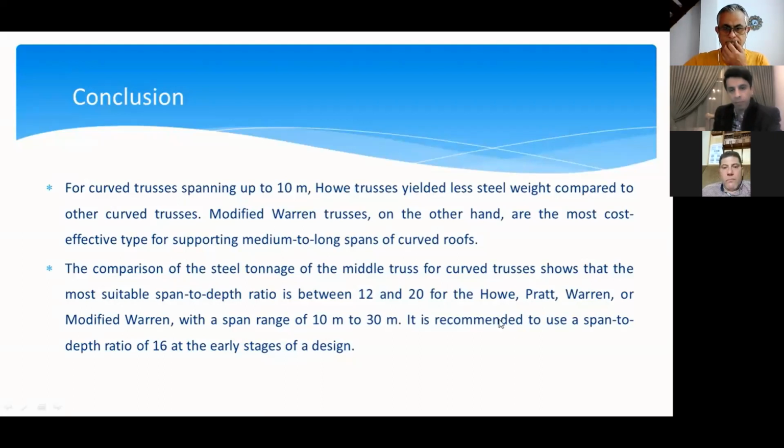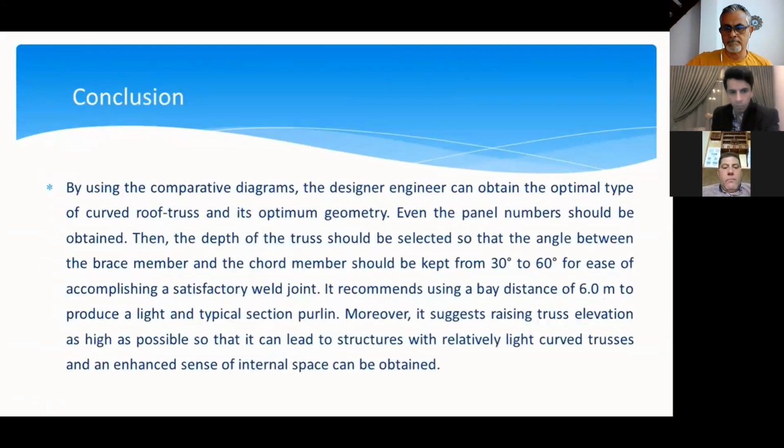The comparison of the steel tonnage of the middle truss for curved trusses shows that the most suitable span to depth ratio is between 10, 12, and 20 for the Hu, Pratt, Warren, or Modified Warren, with a span range of 10 meters to 30 meters. And it is recommended in the early stages to keep the depth ratio at 16.